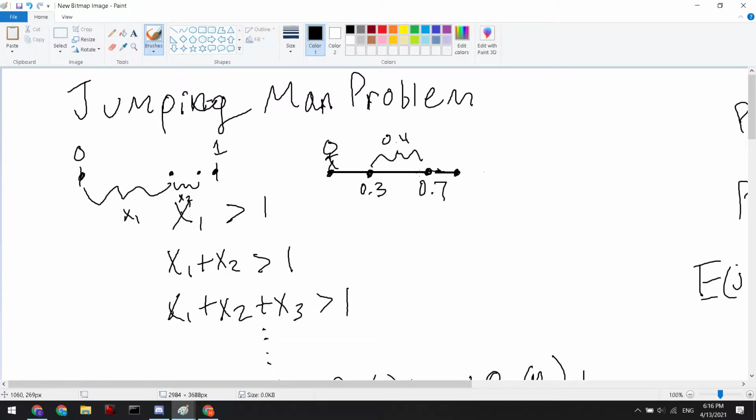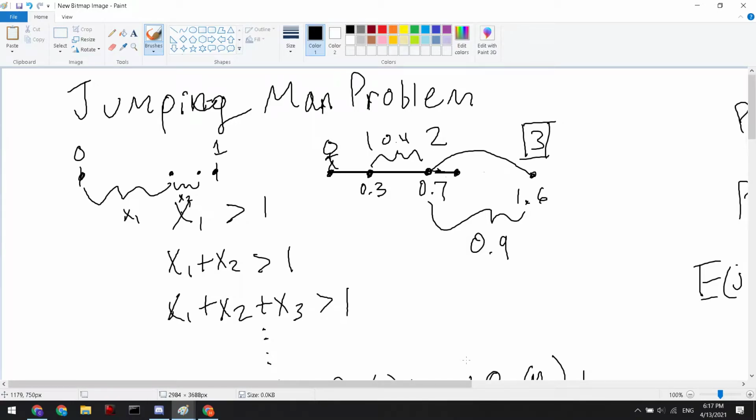Well, he's going to jump again. Okay, but let's say he does a really long jump. Oh man, he jumps all the way over here. He's now at 1.6 because he made a 0.9 unit jump. That took him 1, 2, 3 times.